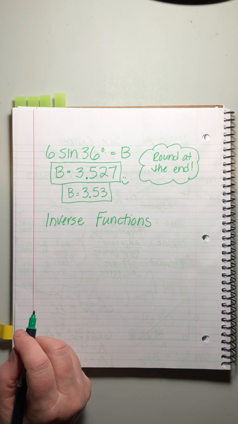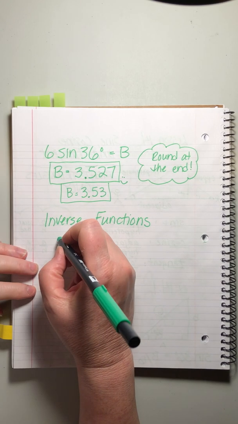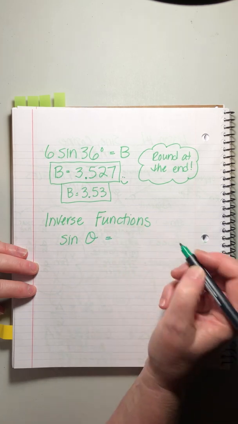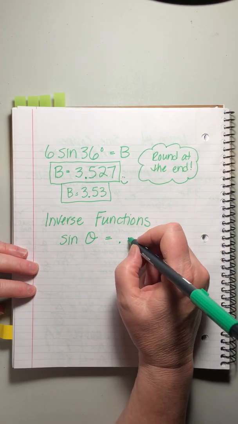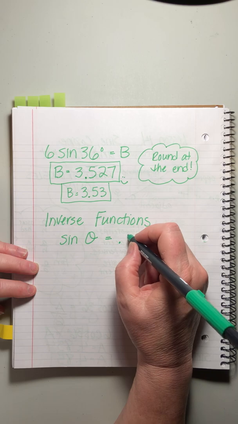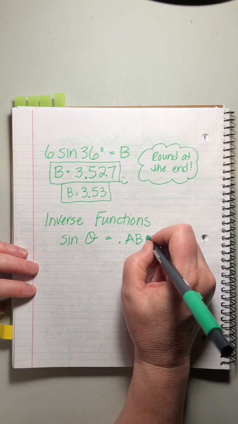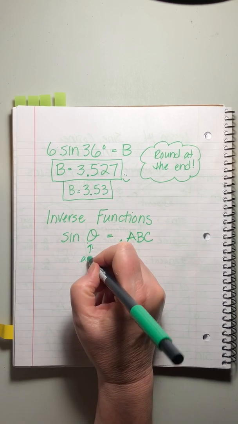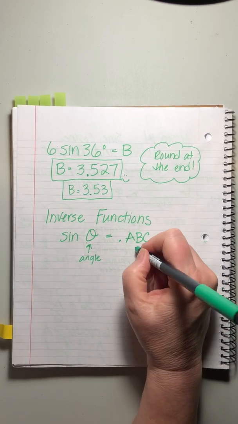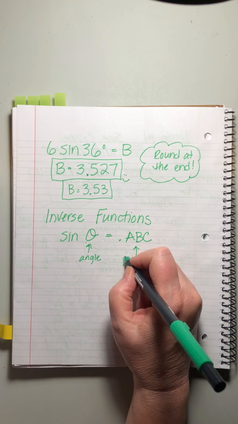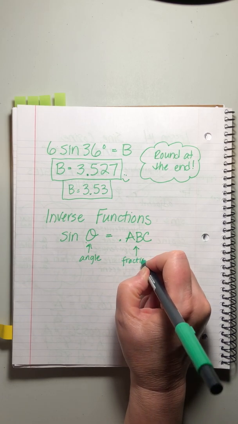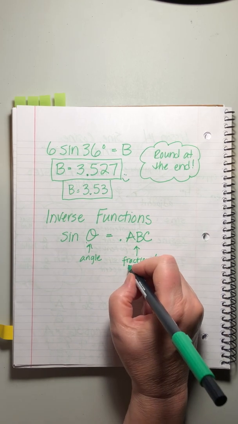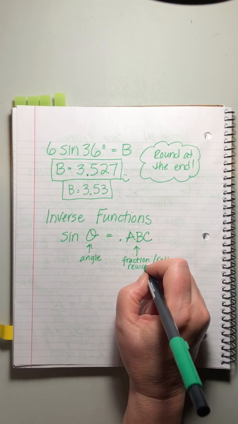Remember that this is what we're doing: say, the sine of theta degrees equals, I'm just making up numbers here, ABC. I don't want actual numbers in there. This is the angle, and this is the fraction or ratio rewritten as a decimal.